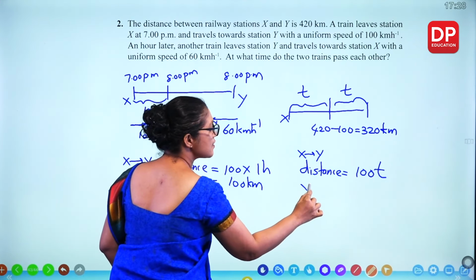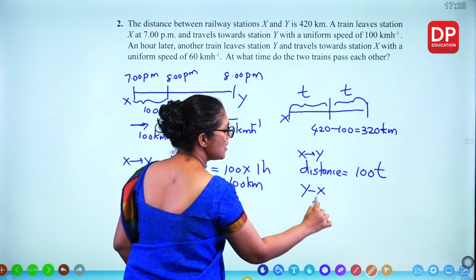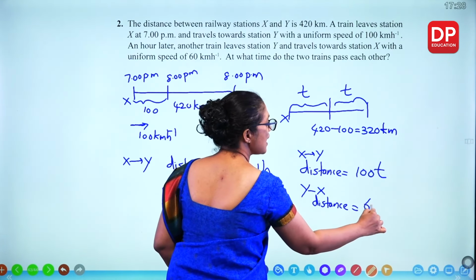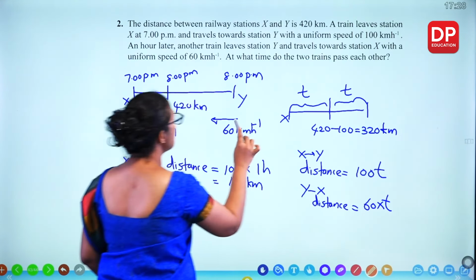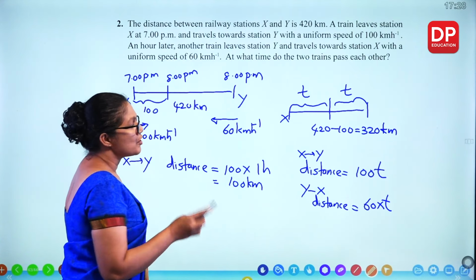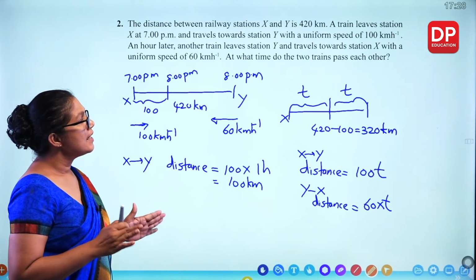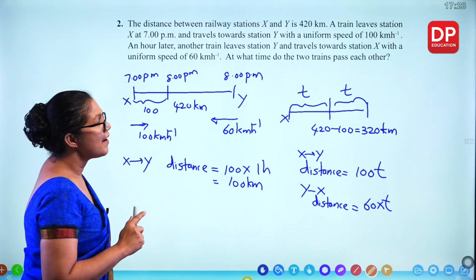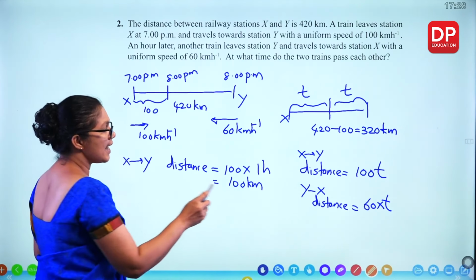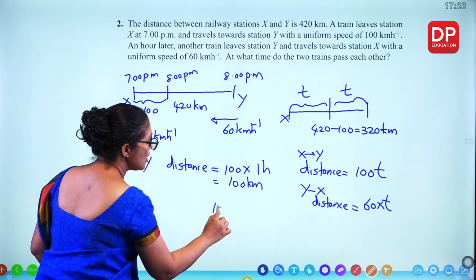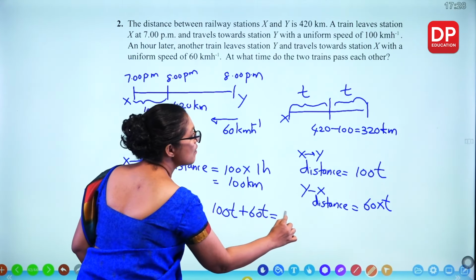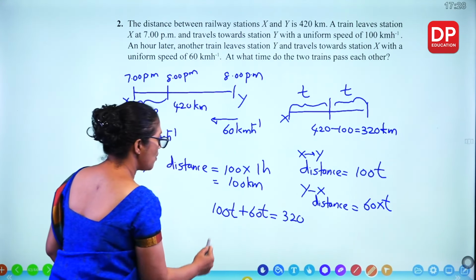What's the distance traveled in the Y to X direction? 60 times T, because the speed is 60 now. The total distance between those two trains is now 320 kilometers, so we can write an equation: 100T plus 60T is equal to 320 kilometers.